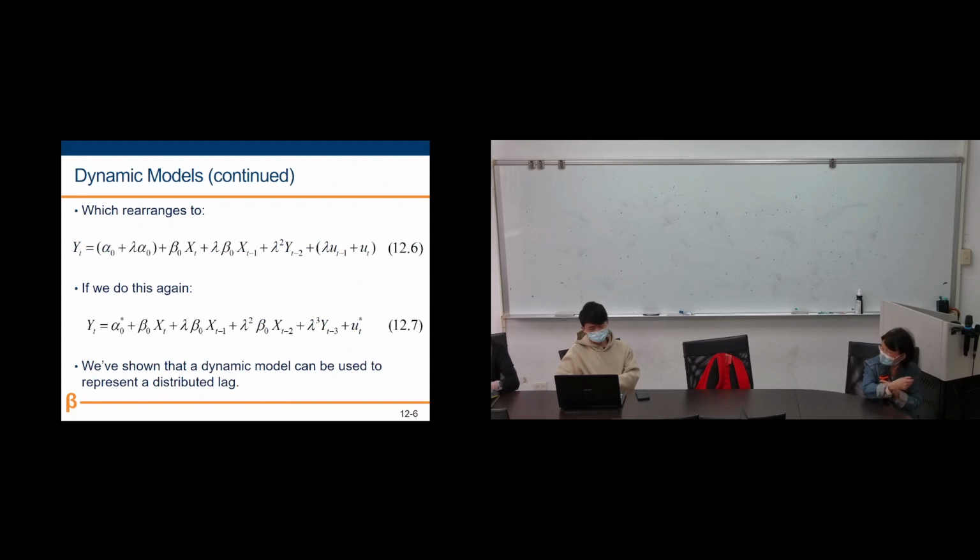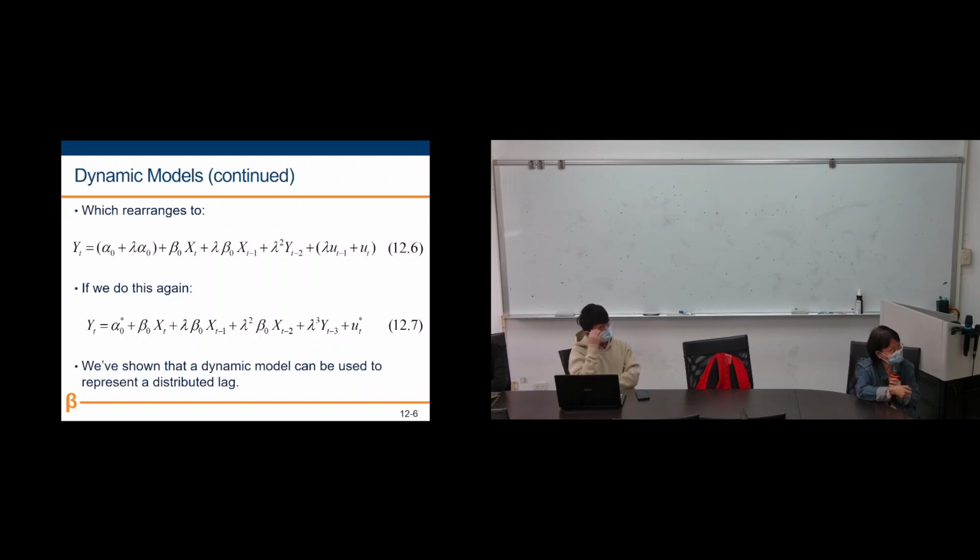Okay, then I do some combination with the same variables and put them together. I can rearrange it to equation 12.6, and when I rearrange it further, it turns out to be 12.7.